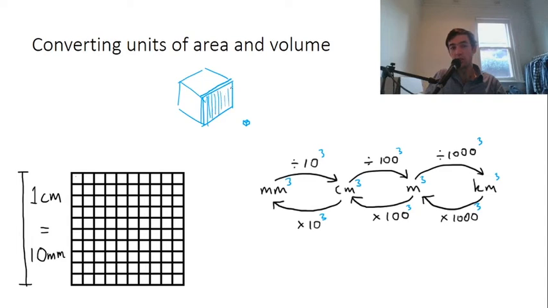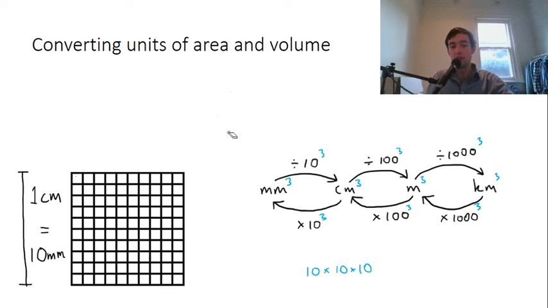So that's 10 times 10, and I have to times by another 10 because I've got 10 lots of these sections. So really it's 10 times 10 times 10, and 10 times 10 times 10 is 10 cubed, 10 to the power of 3. There's 3 of them, we're timesing them all together.